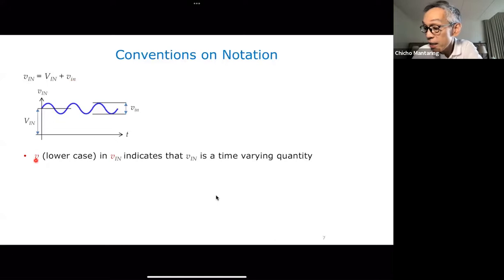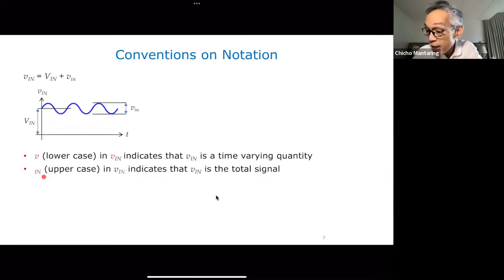The lowercase v indicates that the quantity is a time varying quantity. Every time your variable is lowercase, then in general, that's a time varying quantity. The uppercase IN in V in indicates that this is a total signal. That V in is a total signal.